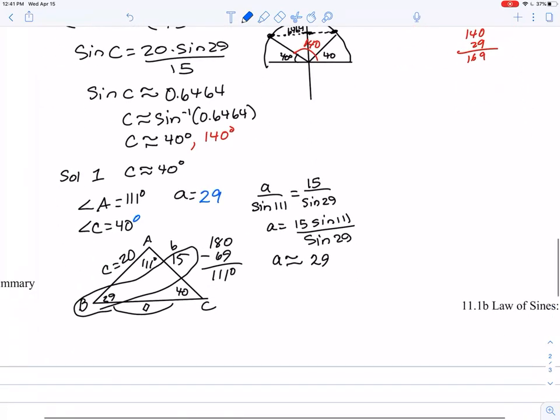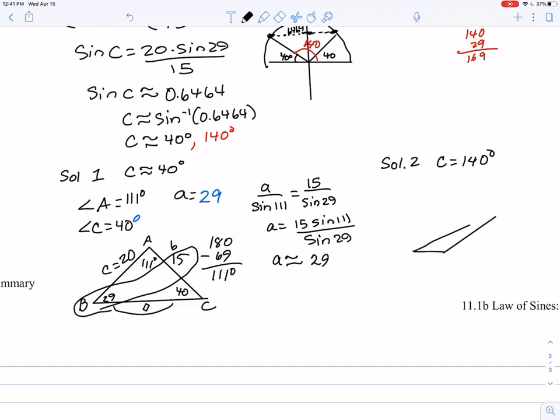And then solution 2, in solution 2, C is going to be 140 degrees. So when we draw that picture, it's going to look more like that, where here's your 29 degree angle and this is 111 degrees. And so this top angle we've already found here. We'll just go ahead and write this, that angle A is 11 degrees because we just added, wait, did we?